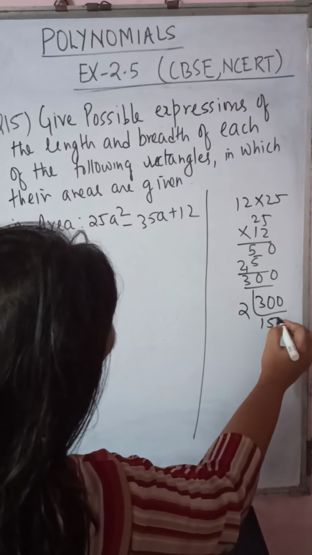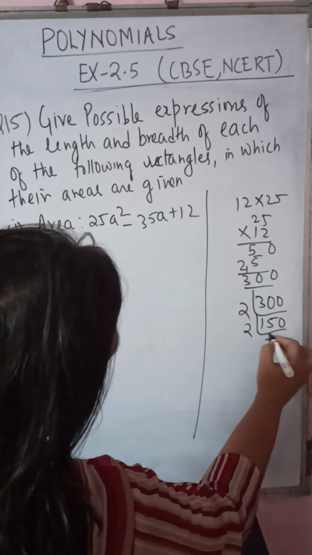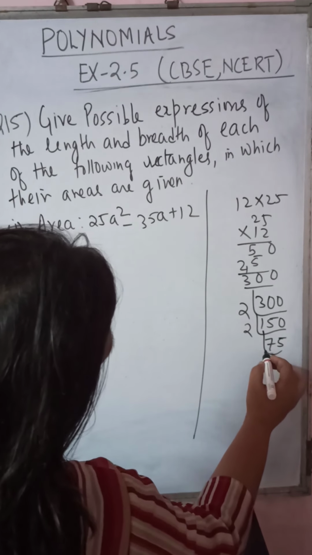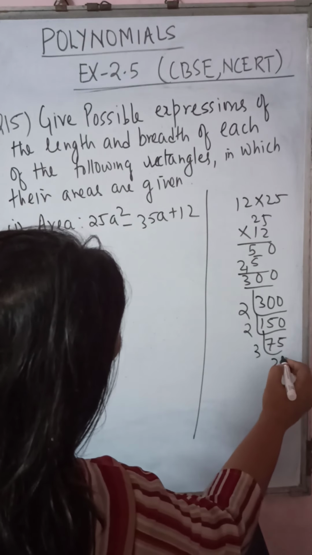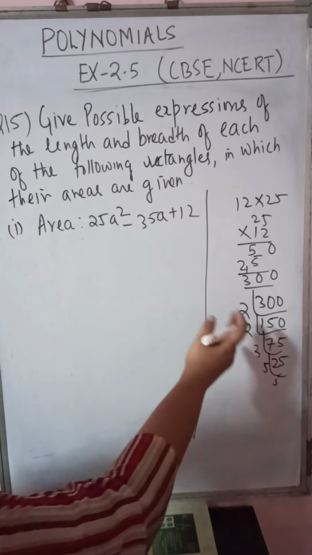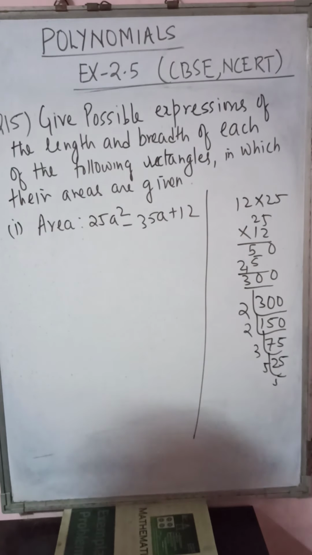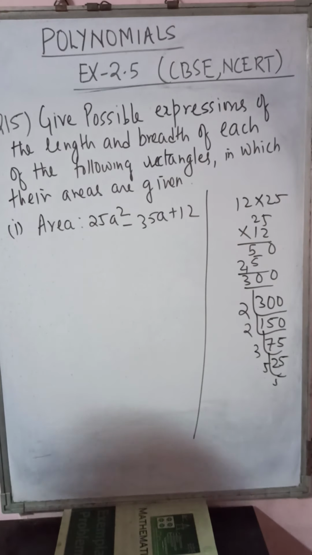2 2s are 4, 2 3s are 6, 3 5s are 15, 5 5s are 25. So these are the factors I have got. I have to break up all these factors into only two factors such that when I add or subtract them, I should get 35.